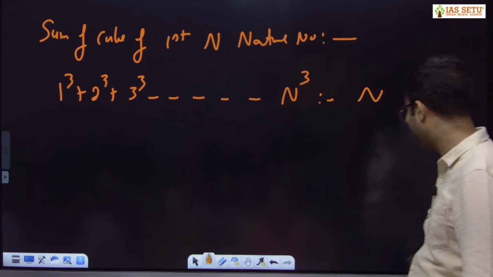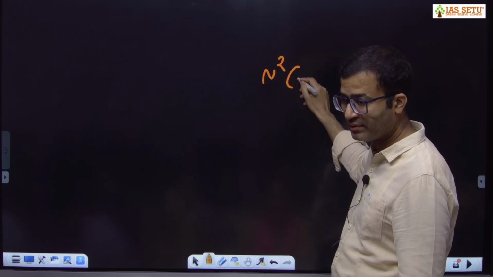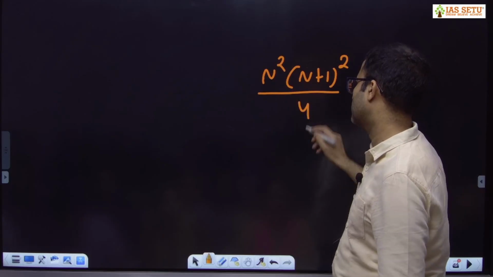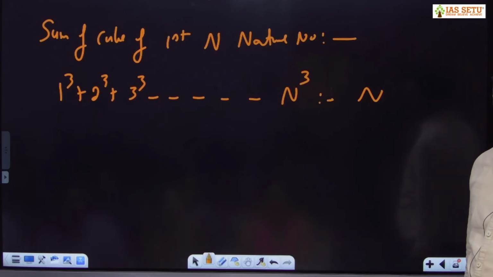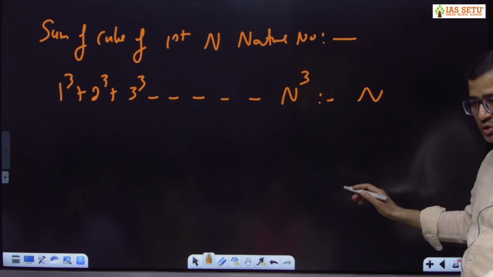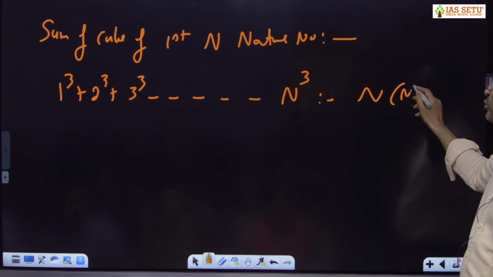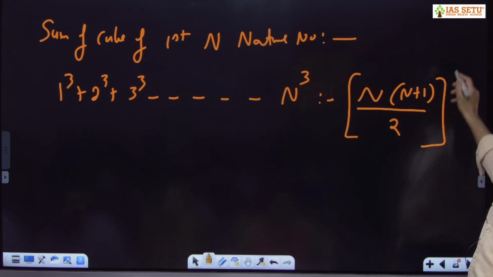क्या बोल दिया? n square into n plus 1 whole square. अच्छा, it is, you are also correct, I'm also correct, but I remember this, n into n plus 1 divided by 2 whole square.